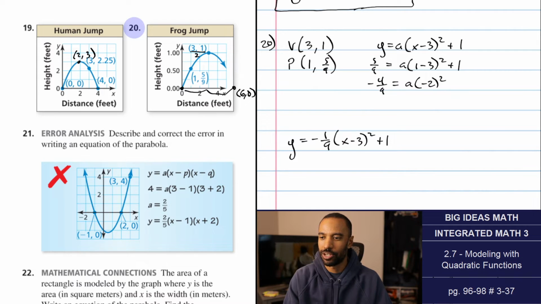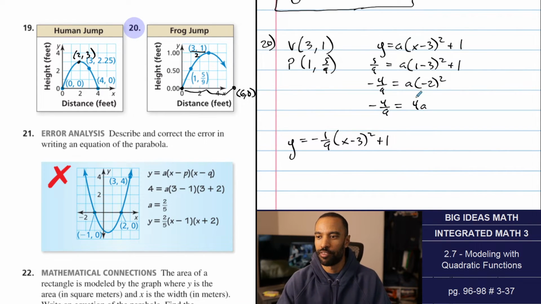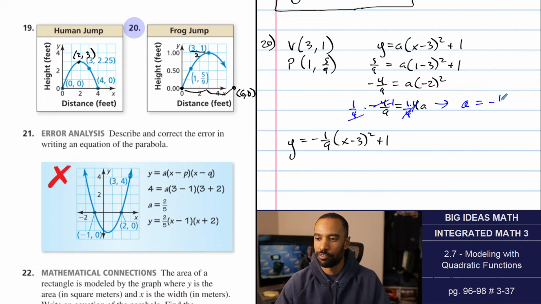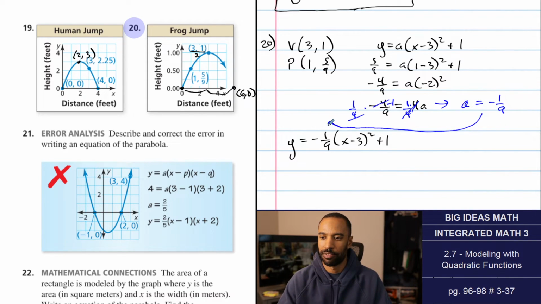So we have negative 4/9 equals 4a. Now we're going to divide both sides by 4. Dividing by 4 is also multiplying by 1/4, if that helps you on this side. Negative 4 over 4 is negative 1, so you're left with negative 1/9 there. So a is negative 1/9, which is what we have here.